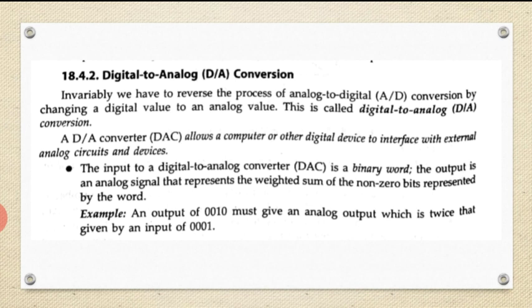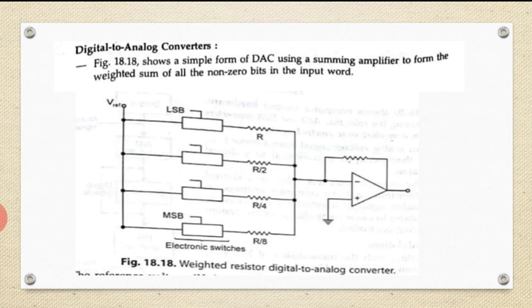Under that I am going to discuss two types of DAC. One is the weighted resistor digital to analog converter, and the other is the R-2R ladder. Let us discuss the first one.